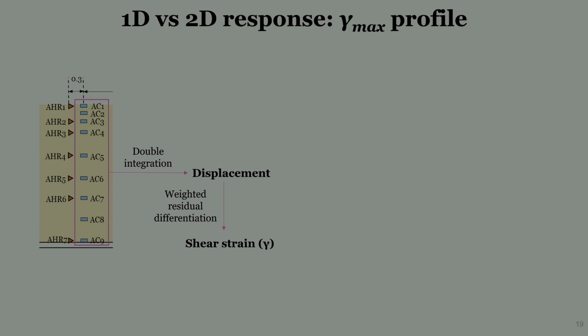Next, the response of the soil column, based on the maximum shear strain profile. These shear strains were obtained for this array of accelerometers. First of all, I double integrated the accelerations obtained from these accelerometers and computed the displacement. The displacements were then converted into shear strain based on the weighted residual differentiation method.